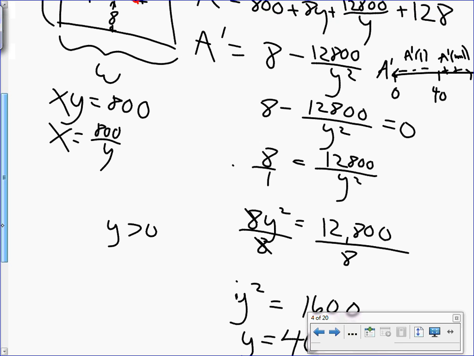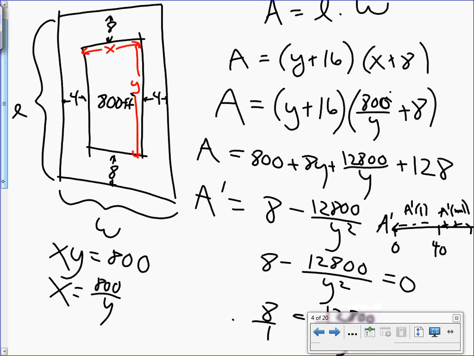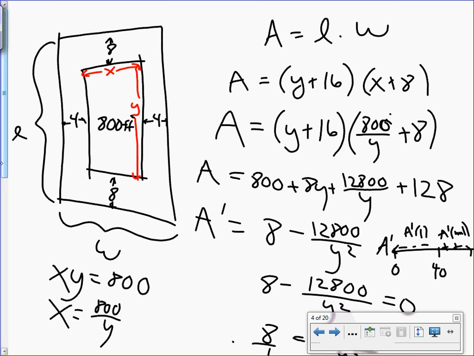And if we're asked for the dimensions, how are we going to get x? Yeah, 800 over 40 would be 20. But x and y are not the overall dimensions. They're the dimensions of the pool. Remember the overall dimensions we started with way back when? Yeah. So the length we said was y plus 16.